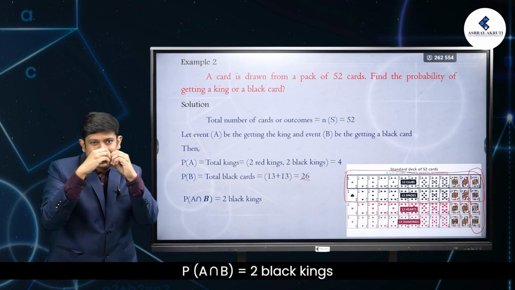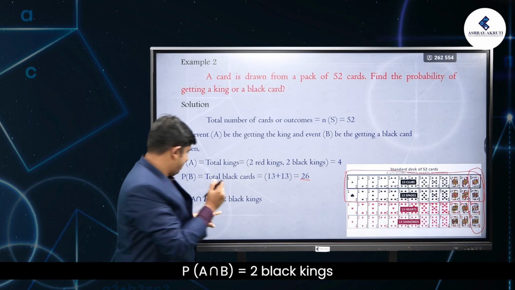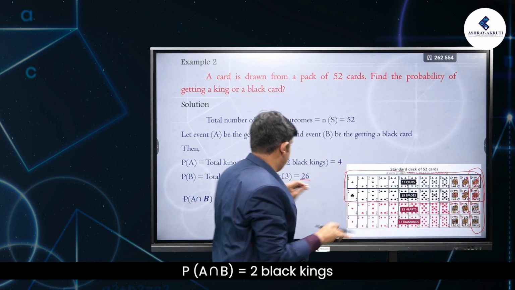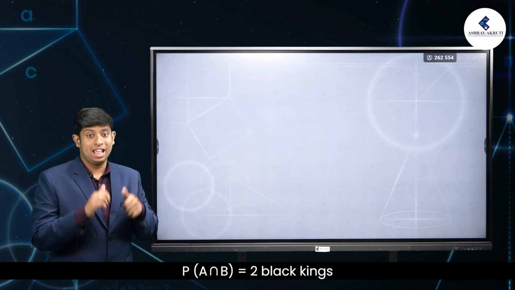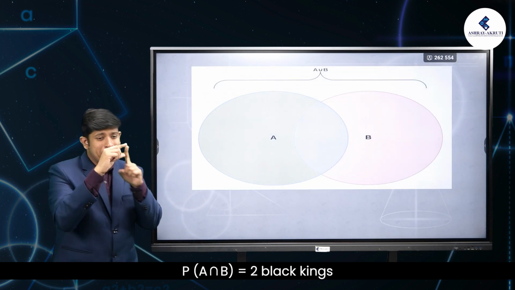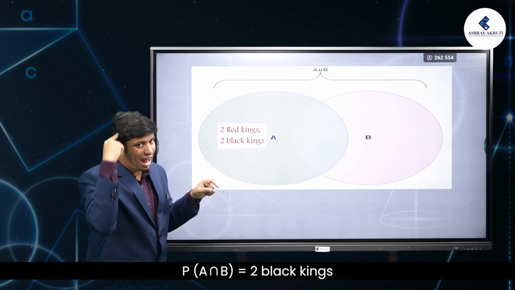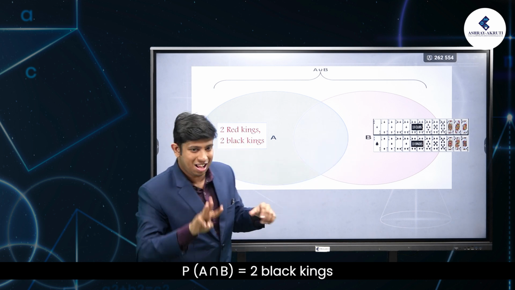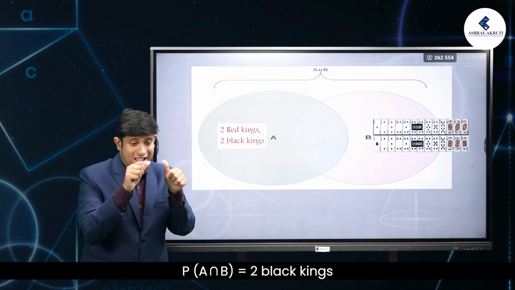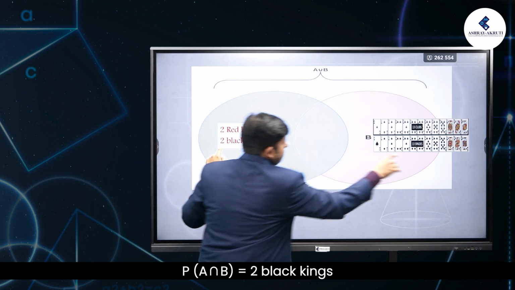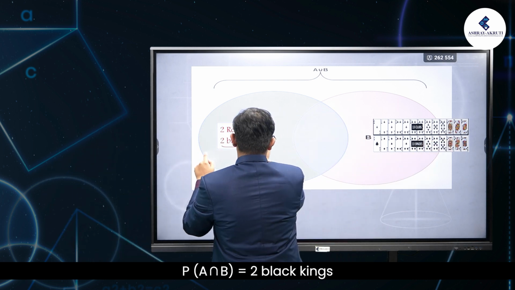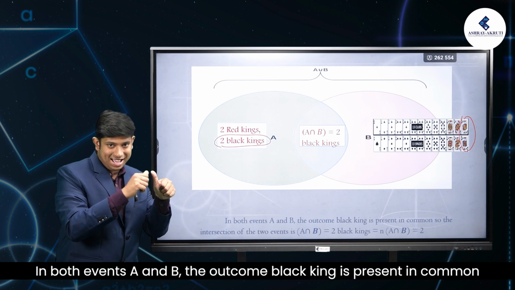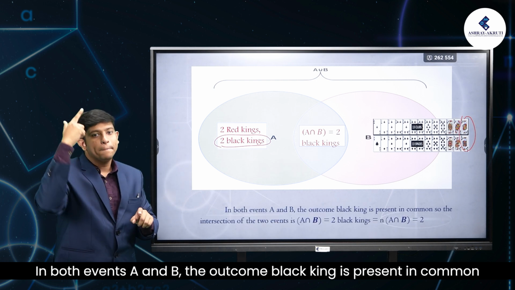P of A intersection B is equal to 2 black kings. In both events A and B, the outcome black king is present in common.